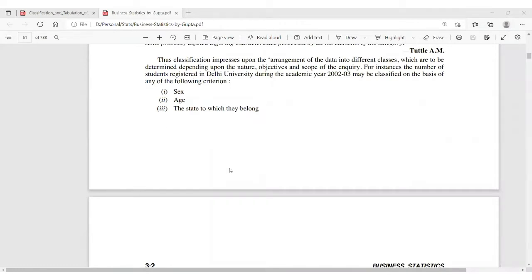Now, from this form, the university can segregate the data.